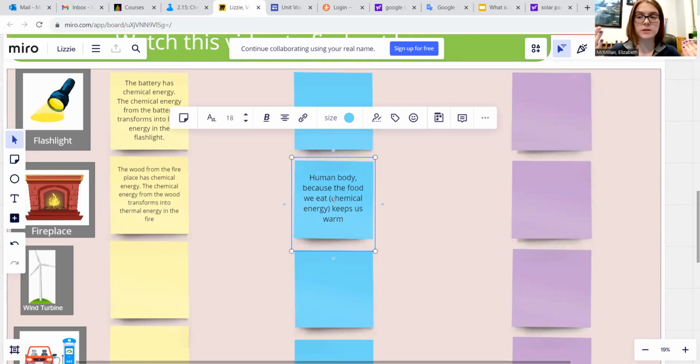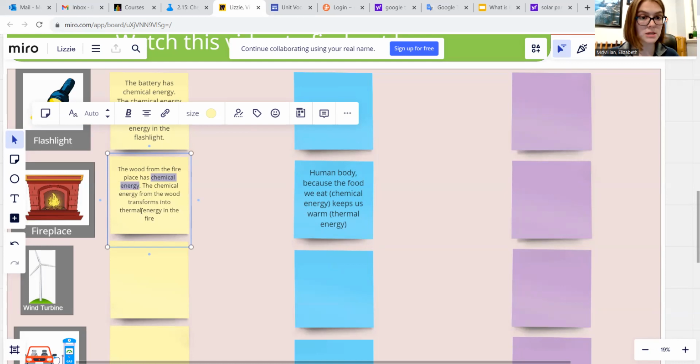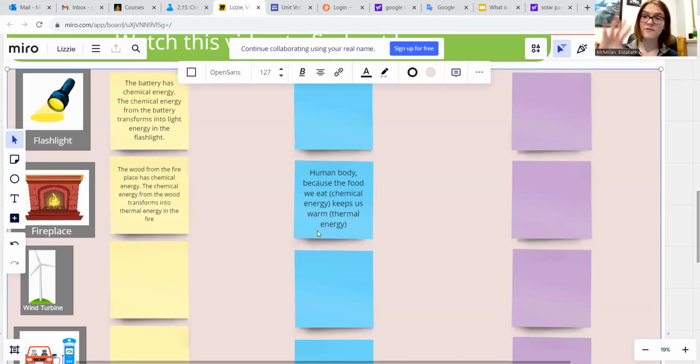Your body stays at regular temperature because you digest your food and you use that energy to keep you warm, right? So I'm going to write thermal energy here. The human body, because the food we eat, that's chemical energy, keeps us warm. And that's the thermal energy, which are the same two energy types we had in their example: chemical energy and thermal energy. So now we've completed part 5.